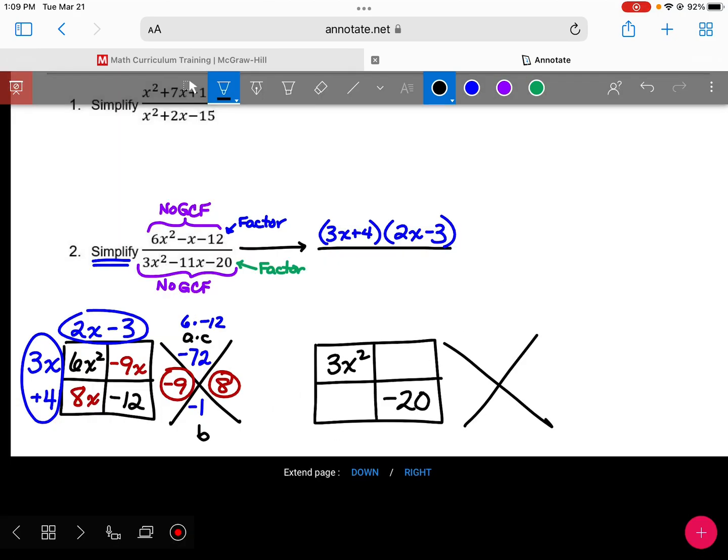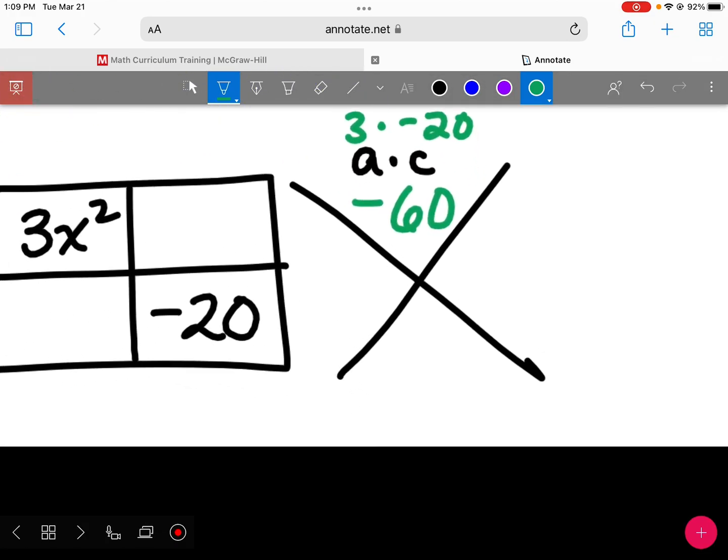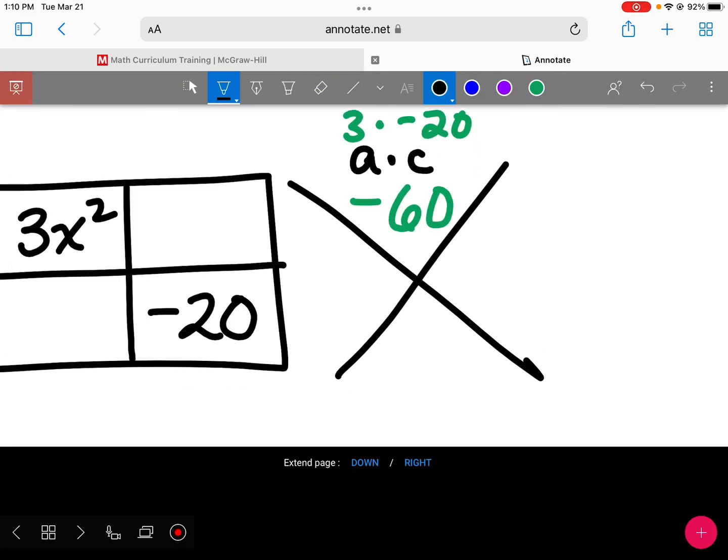What goes up on the top of the x? Negative 60. We multiply a and c together. So 3 times negative 20. I'm going to need two numbers that multiply together to give me negative 60, but add to give me what? Negative 11. What multiplies to negative 60 and adds to negative 11?